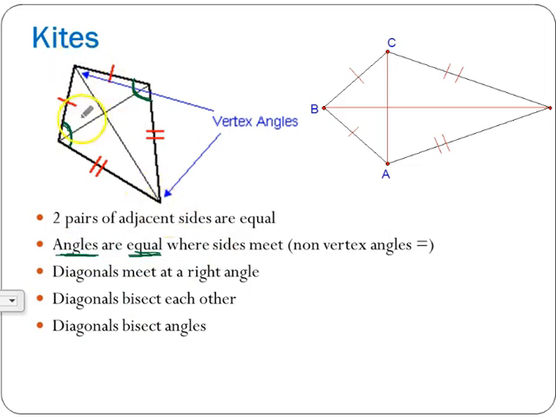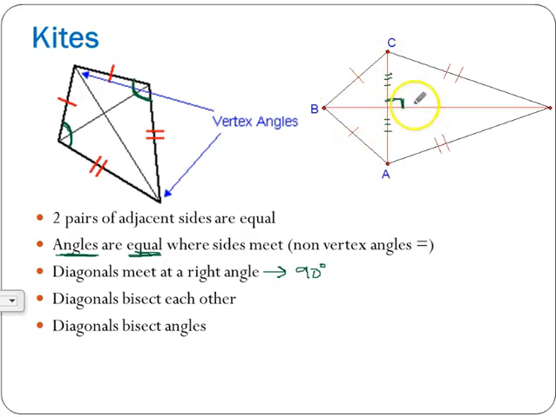And then when we draw on our diagonals, those are going to meet at right angles, at 90-degree angles. Remember, a right angle is a 90-degree angle. So the diagonals intersect at 90-degree angles. And the diagonals also bisect each other. So this segment from here to here is going to be congruent to this segment from here to here.